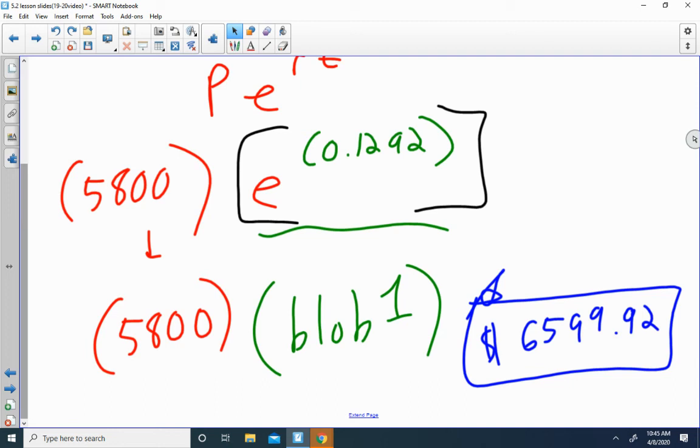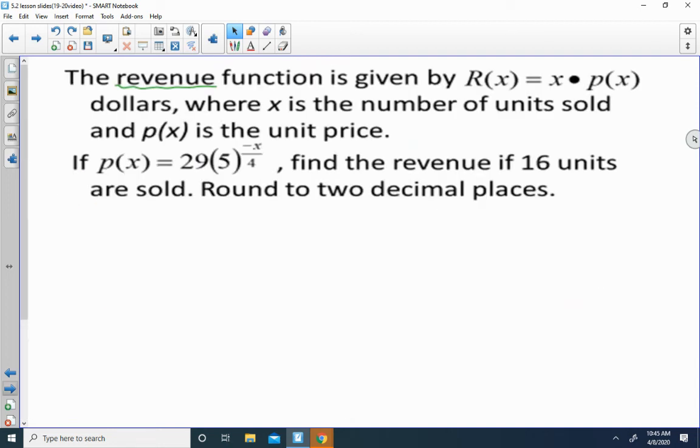All right, so now I just have to go over some revenue examples. So the revenue function is given by this equation. Now before I continue, if you're curious what revenue is, let's say that you decide that you're going to make a bunch of coffee cups.